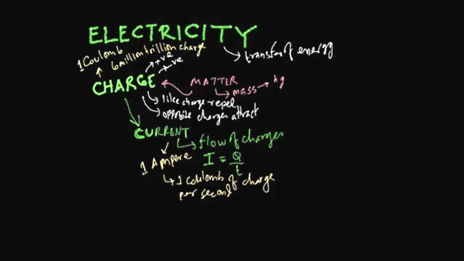That's the idea. After current, the next concept that comes is called voltage. Voltage is also called potential difference, and another name for a battery is EMF or electromotive force.